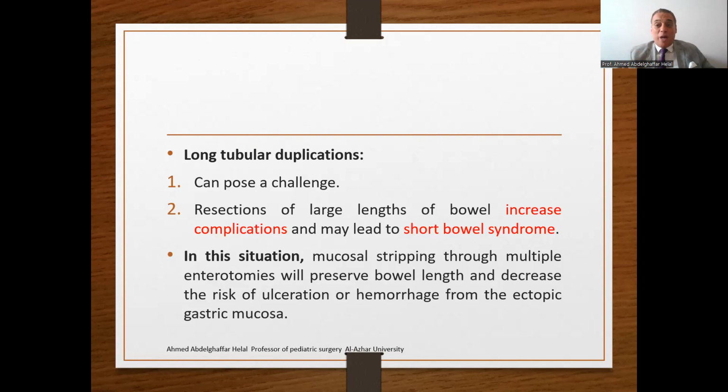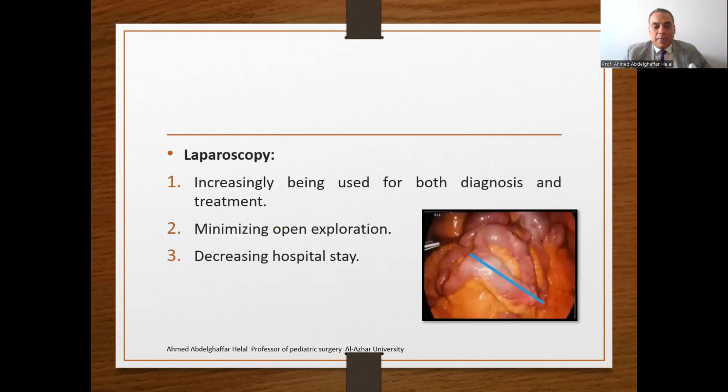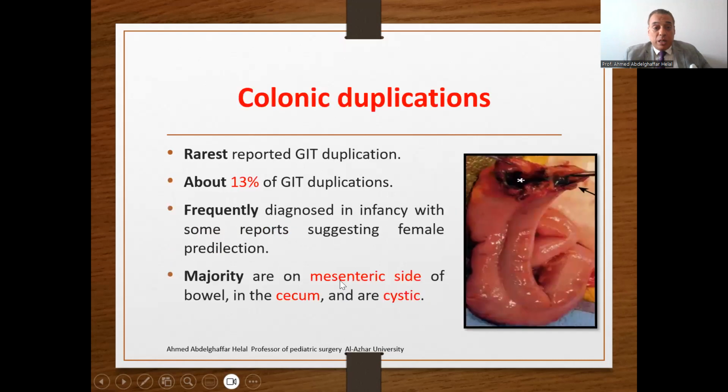We perform multiple openings and remove the mucosa, which will preserve the bowel length and decrease the risk of ulceration or hemorrhage from the ectopic gastric mucosa. Laparoscopy is increasingly being used for diagnosis and treatment, minimizing open exploration and decreasing hospital stay. A long duplication related to the ileum appears well in the laparoscopic view.